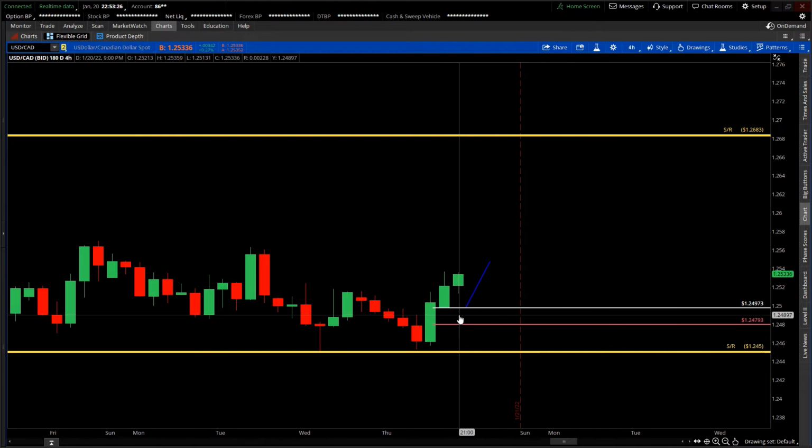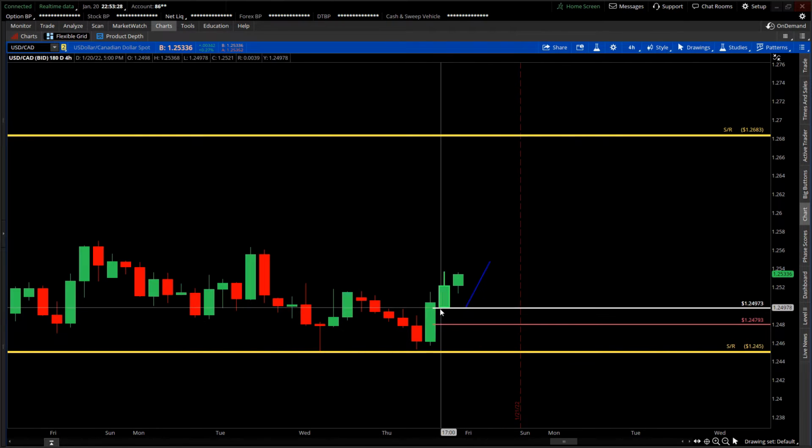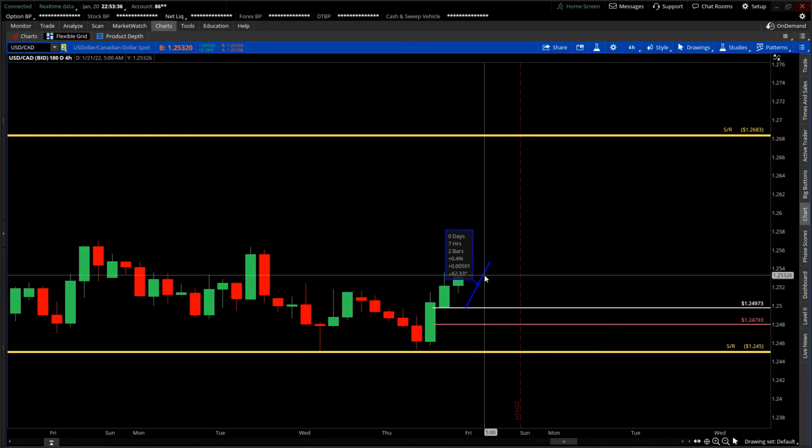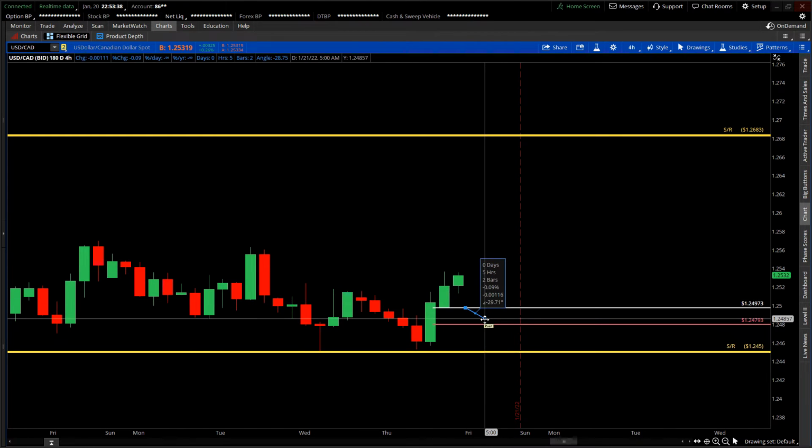So this was my stop. If price was going to reverse or go against me, then I was going to stop out at this price level here. If I move this down here, this should be about 18 pips, which it approximately is.